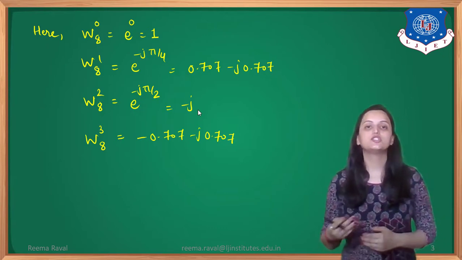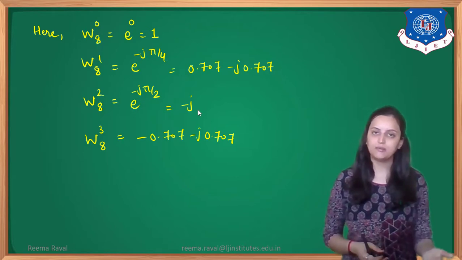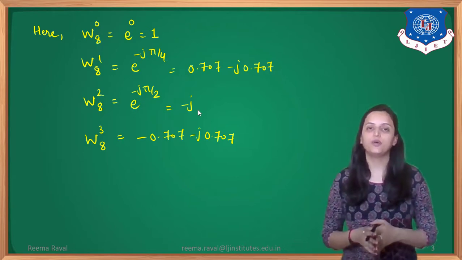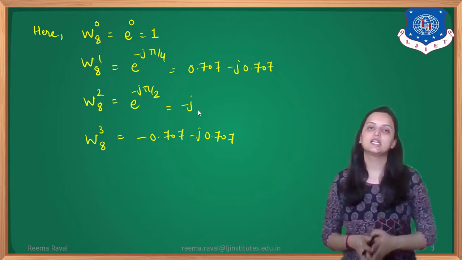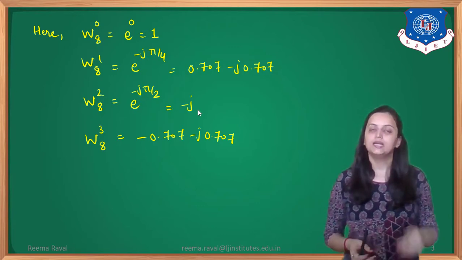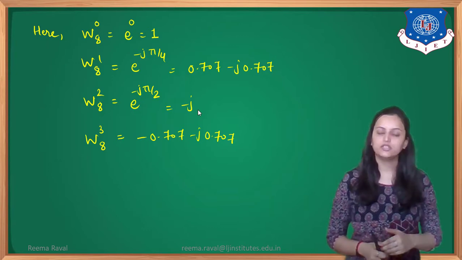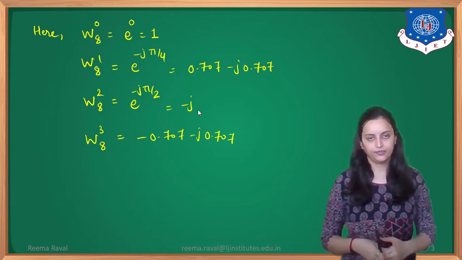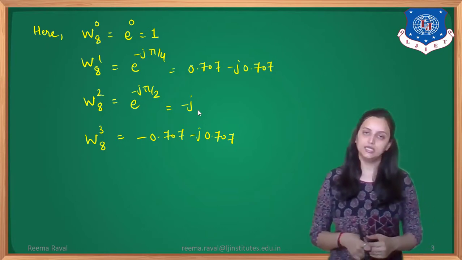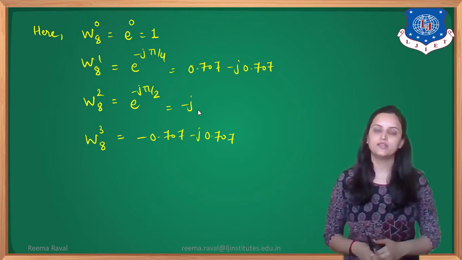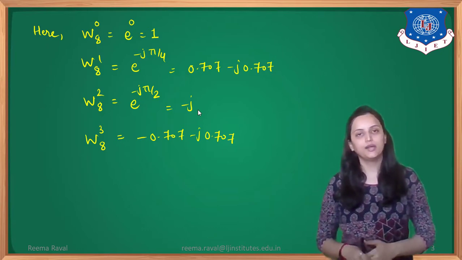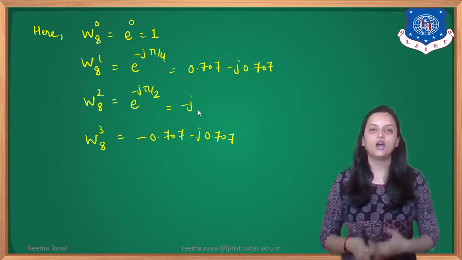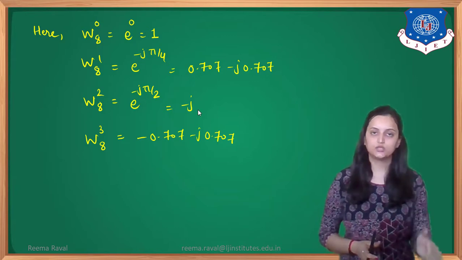W81 is e raised to minus j pi by 4, that is cos pi by 4 minus j sin pi by 4, which equals 0.707 minus j 0.707. Next, W82 is e raised to minus j pi by 2, which equals minus j. And the last one, W83, equals minus 0.707 minus j 0.707. Based on this, we are going to calculate the output for each stage, stage 1, stage 2 and stage 3.